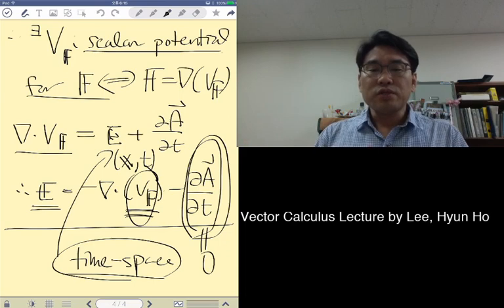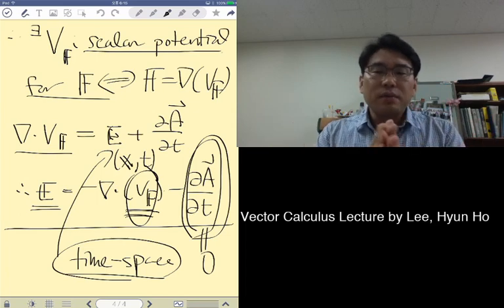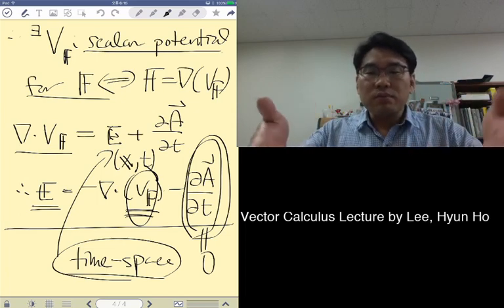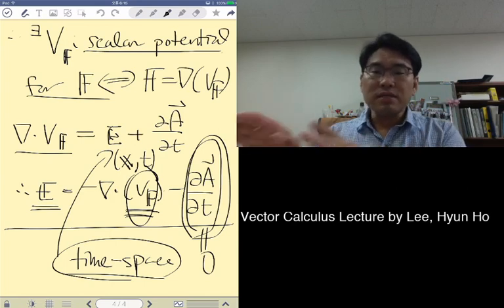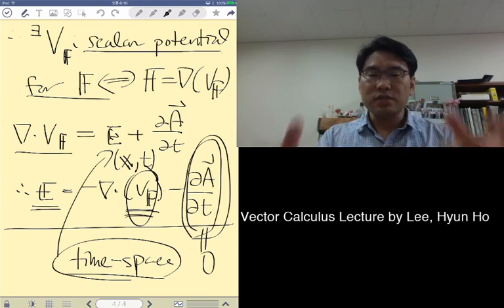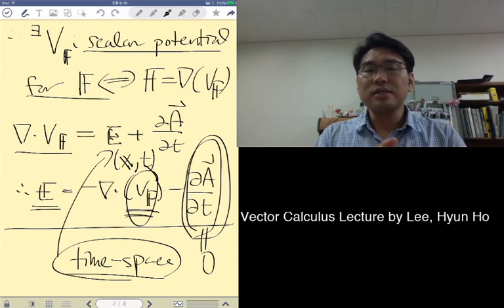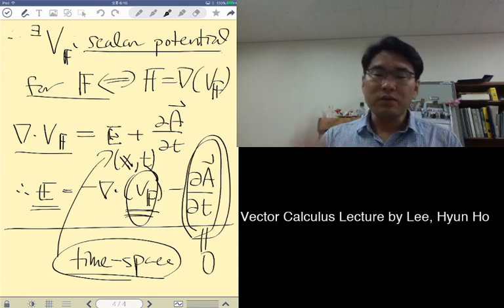Rather than looking at the vector field itself, meaning the force, people are more focused on the potential, the magnetic vector potential or the scalar potential. So the potential is more important than the field itself. I want to leave you with this message.